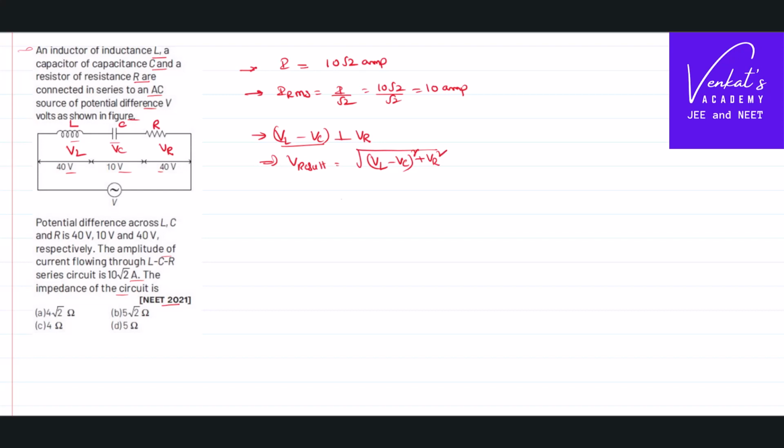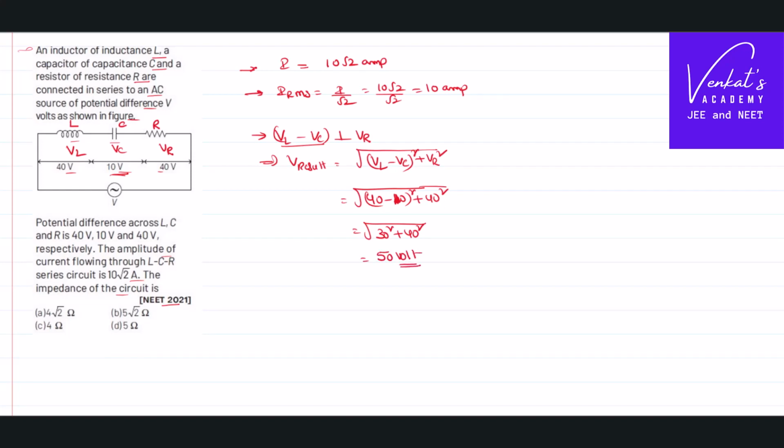So if you substitute the values, VL is 40, VC is 10, this is whole square, plus this is again 40 square. That is the root of 30 square plus 40 square, that is the root of 2500, that is 50 volts.